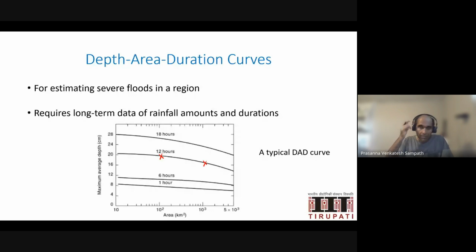Then I draw some box around Chennai and Tirupati and say this is the area over which this storm was passing. This is my area of interest. And then I find the average depth over that area. It will be somewhere between 8 and 20. 20 is the highest which Chennai received. Tirupati received 8 centimeters. In between, I have other rainfall gauges.